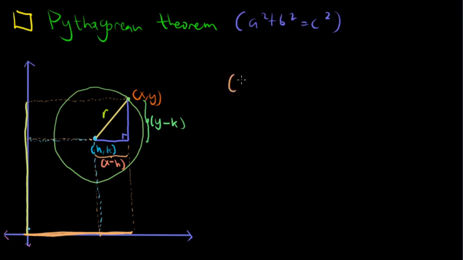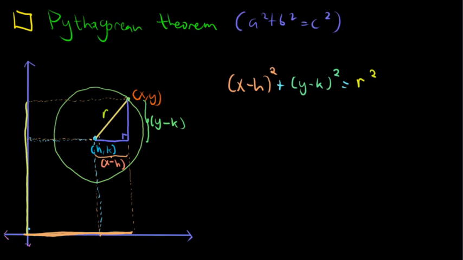Meron kang x minus h squared added by the square of this side, which is y minus k squared, equal daw yun sa square ng hypotenuse, which is r squared. And this is our center radius form of the equation of the circle.